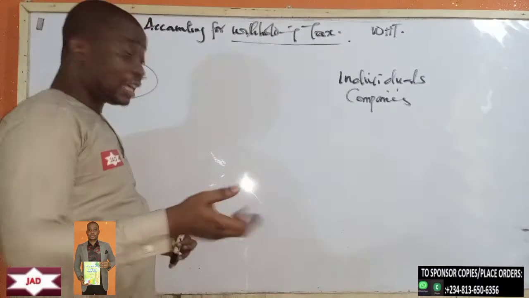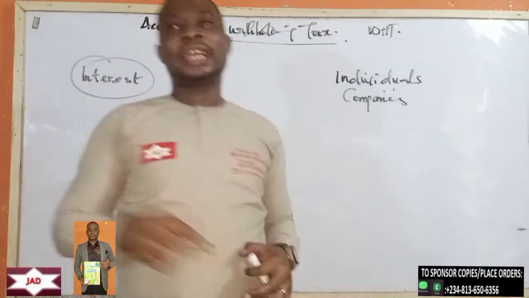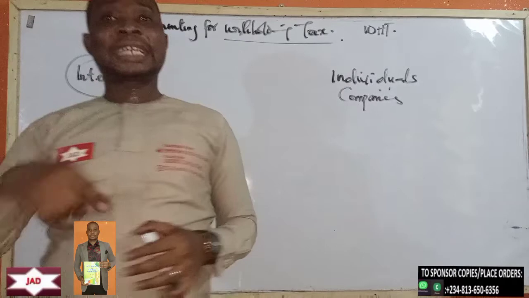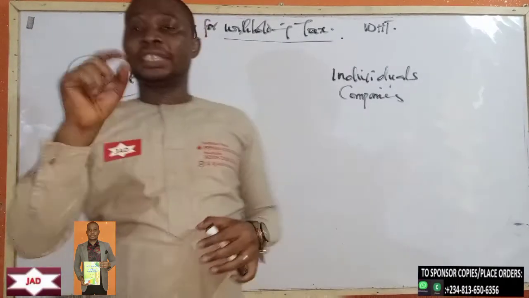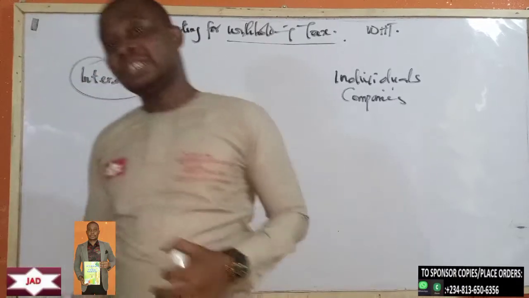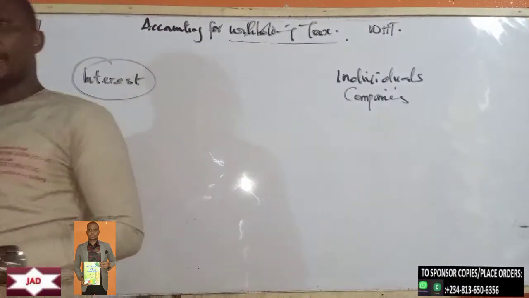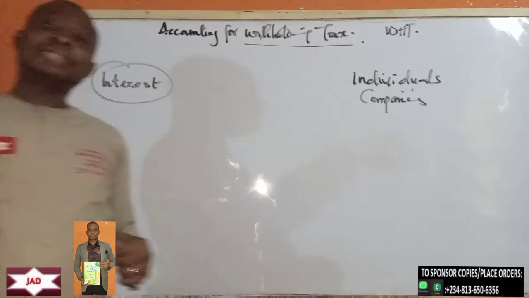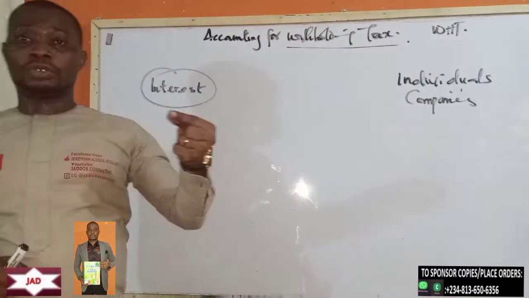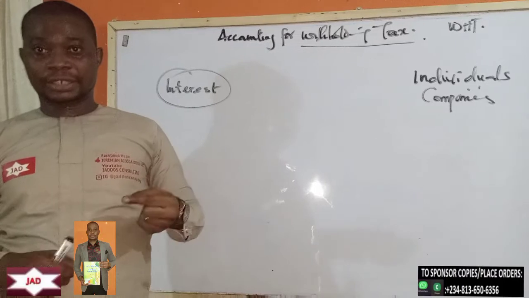If you have a savings account, at the end of the month your bank will usually credit you with interest. That interest is what you're earning on your savings account. Now that bank is paying you interest.